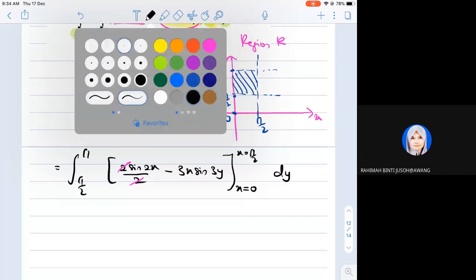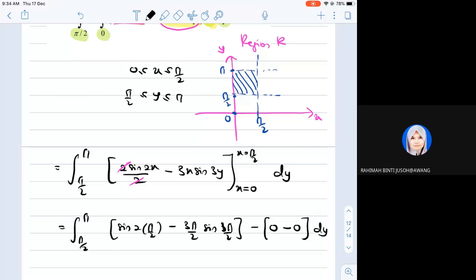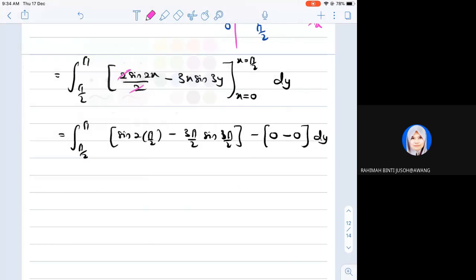So we will have, from pi over 2 until pi, sine 2 times pi over 2, like this. So we have minus 3 pi over 2 sin 3y, minus substitute 0, sine 0 is 0, 3 times 0 also 0, dy. So sine 2 times pi over 2 is sine pi, which is also 0.